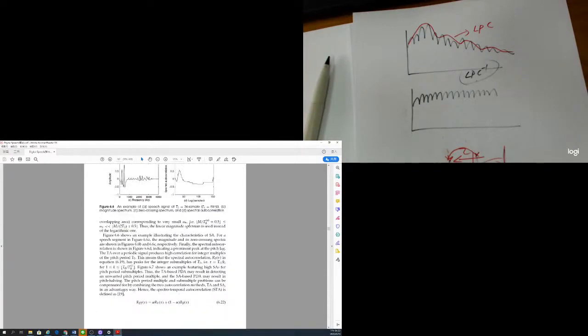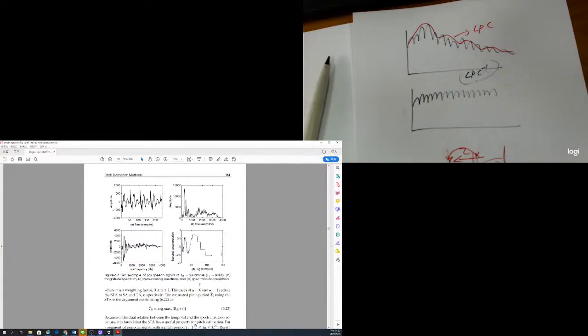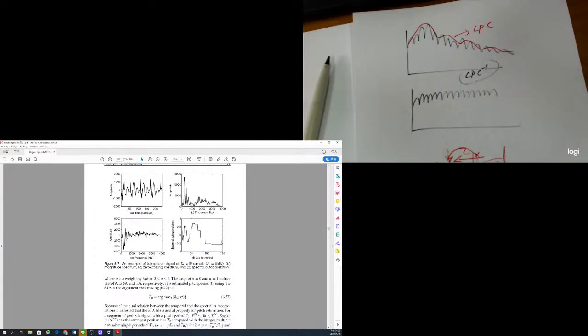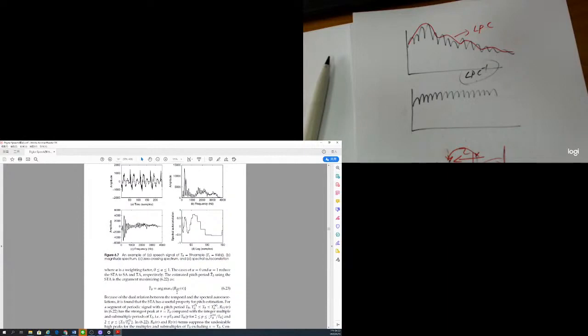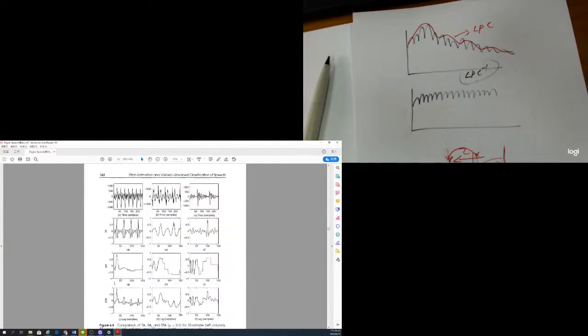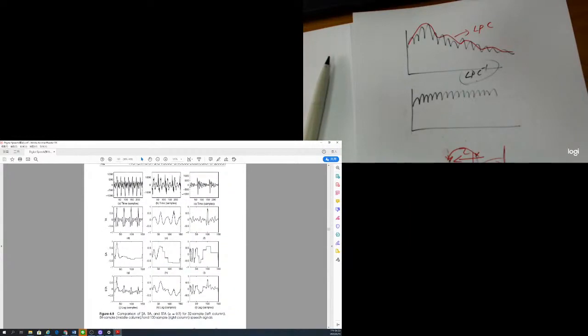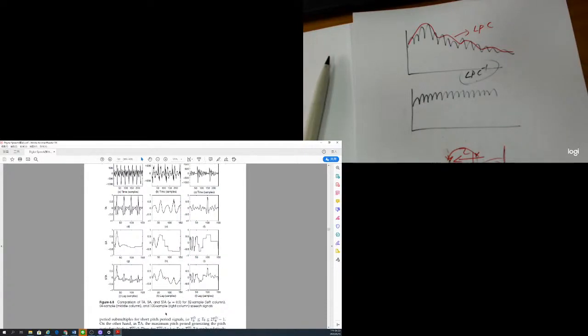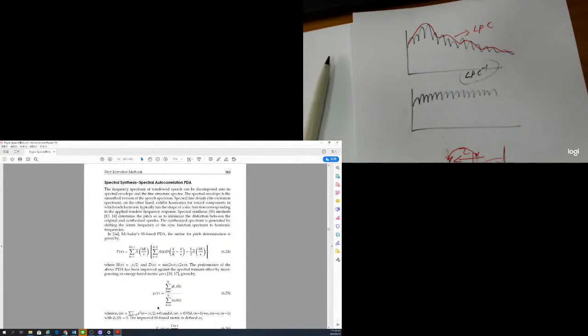Another one is spectrum temporal autocorrelation, ST. So you have temporal autocorrelation and spectrum autocorrelation, spectrum and temporal autocorrelation together.